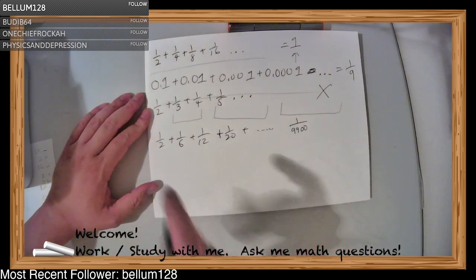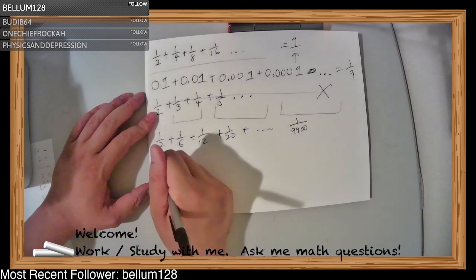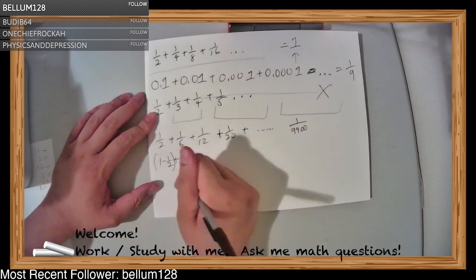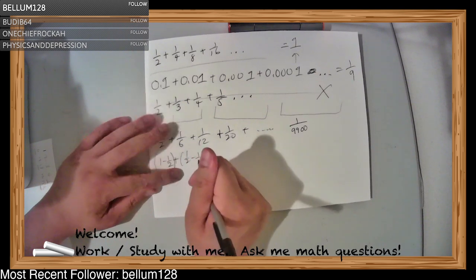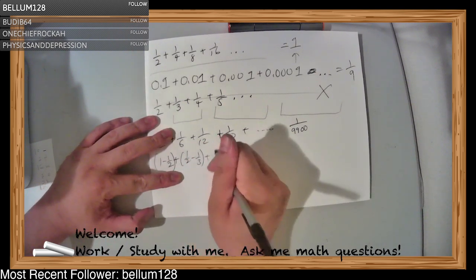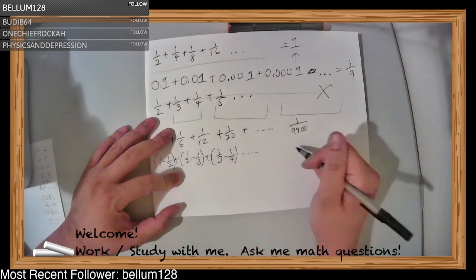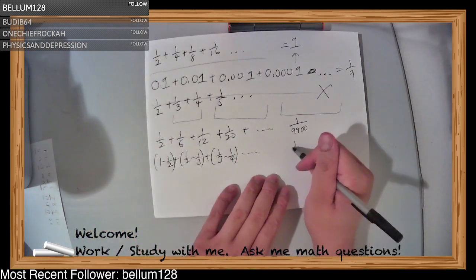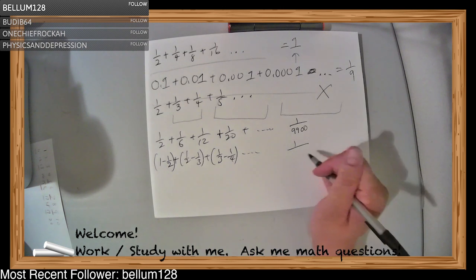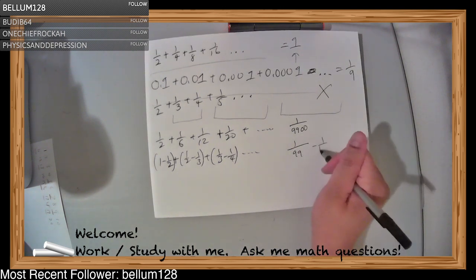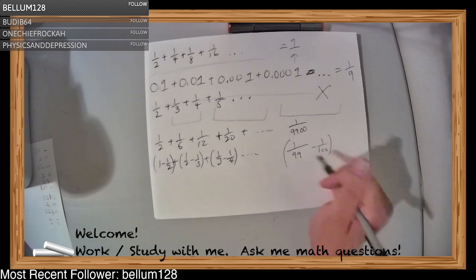But the point here is that we have 1 minus a half plus a half minus a third, plus a third minus a fourth, dot dot dot. And this last one happens to be 1 over 99 minus 1 over 100.